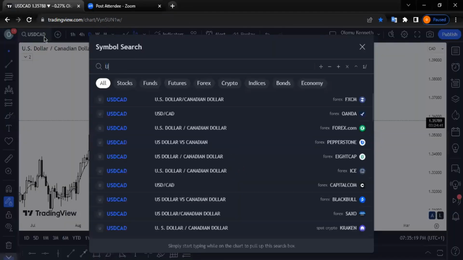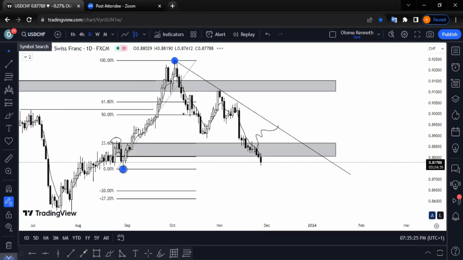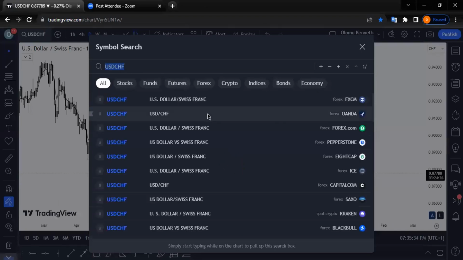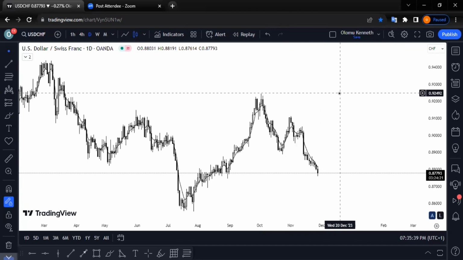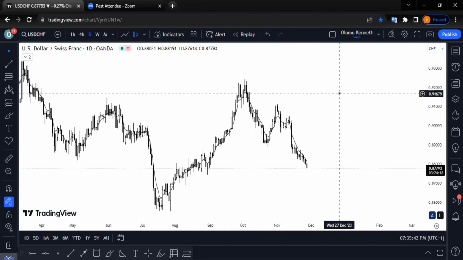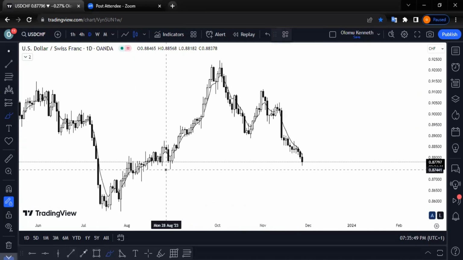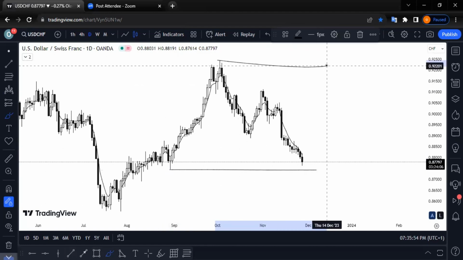So we can look at USD CHF. All right, so we're still super bullish until we have this market take this low.